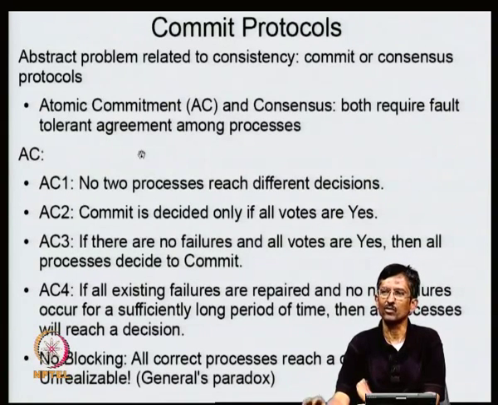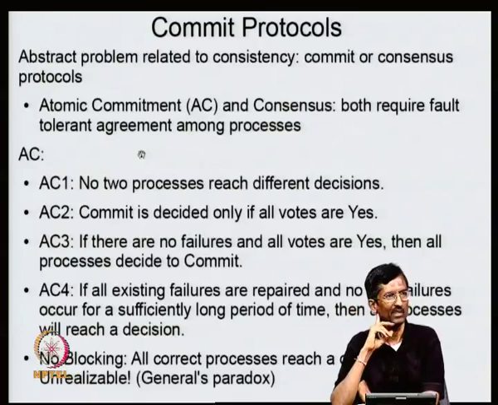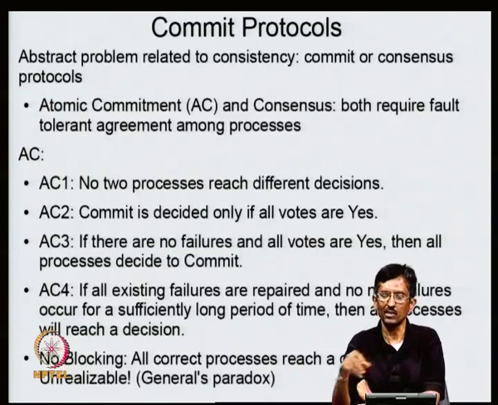We are just talking about two decisions, yes or no. From this you can actually construct other kinds of problems, for example deciding on a particular value, such as whether the value should be 7, 8 or 100. But right now we are going to talk about binary, yes or no.